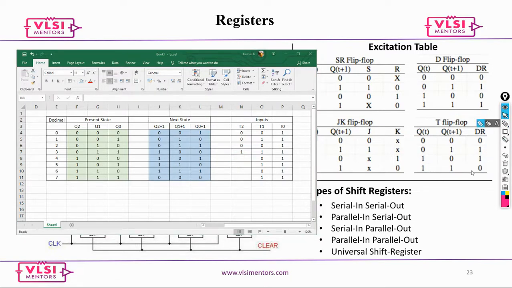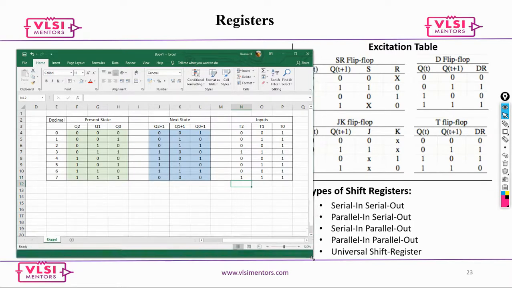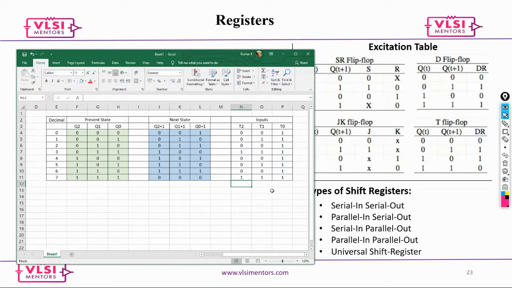If it is 1 and you want the next state also to be 1, your input should be 0. So this is going to be 0, and then finally 1, and you want the next state to be 0, so this is going to be 1. Now what you have to do here is solve these equations. Solve this particular thing. Follow the Karnaugh map, a simple Karnaugh map.